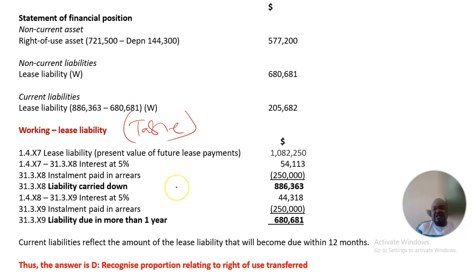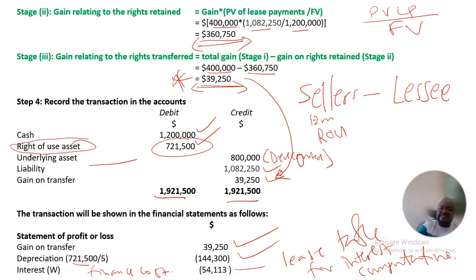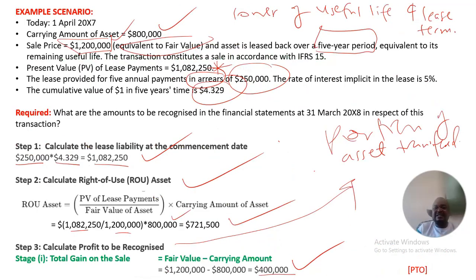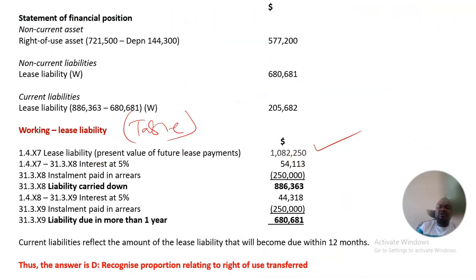So we start with the lease liability as we computed in our first working, and we found this figure. This is the opening balance of the lease liability, and then we use the interest as stipulated in the lease, the interest implicit in the lease, which was 5%. So we multiply 5% by the lease liability and we get the interest.